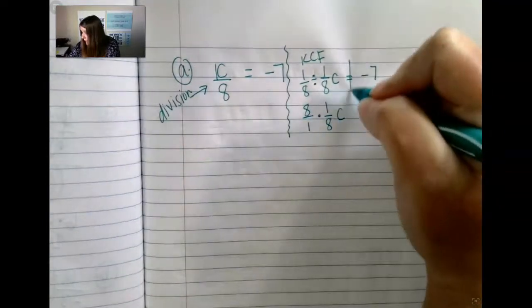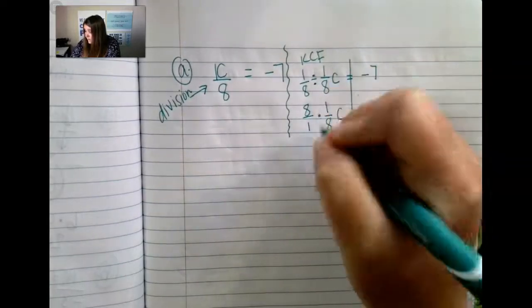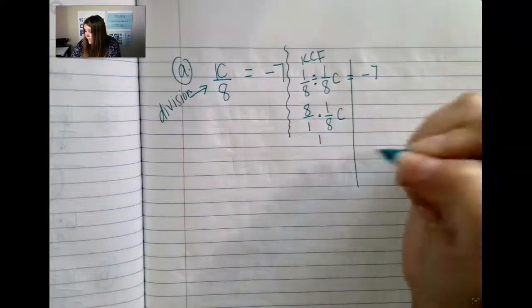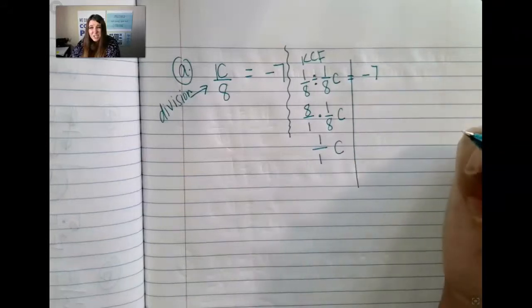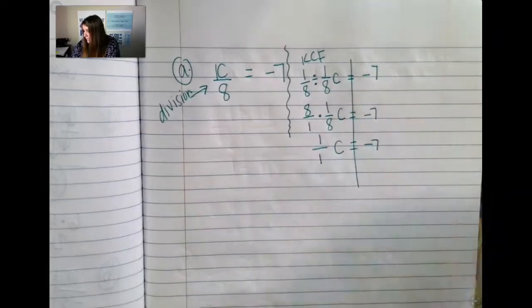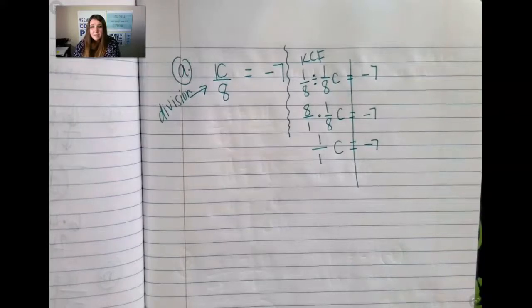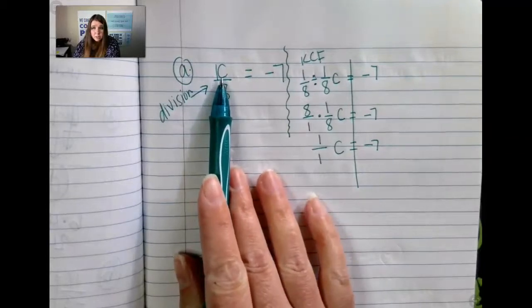Okay, so now we're getting rid of these because 8 times 1 is 8 and 1 times 8 is 8. 8 over 8 is just 1C. And all the while, this poor -7 is stuck to the side and nothing's been done to -7 yet. Okay, so let's recap. What in the world did we just do? Well, first step, we wrote it as the fraction that it really was.